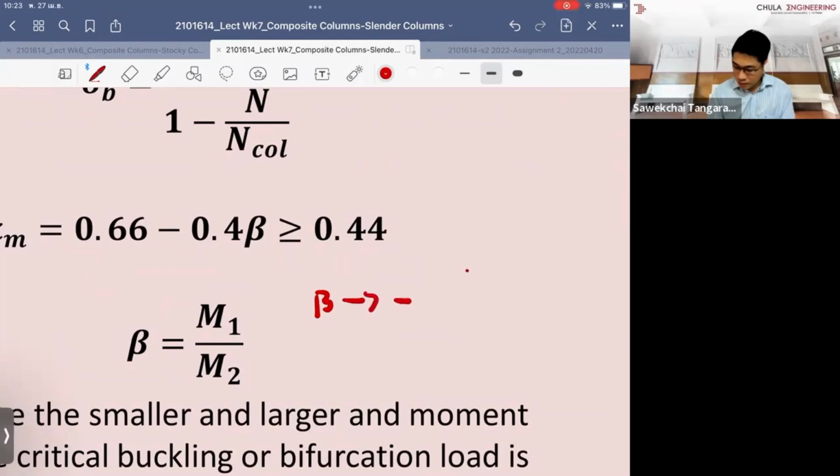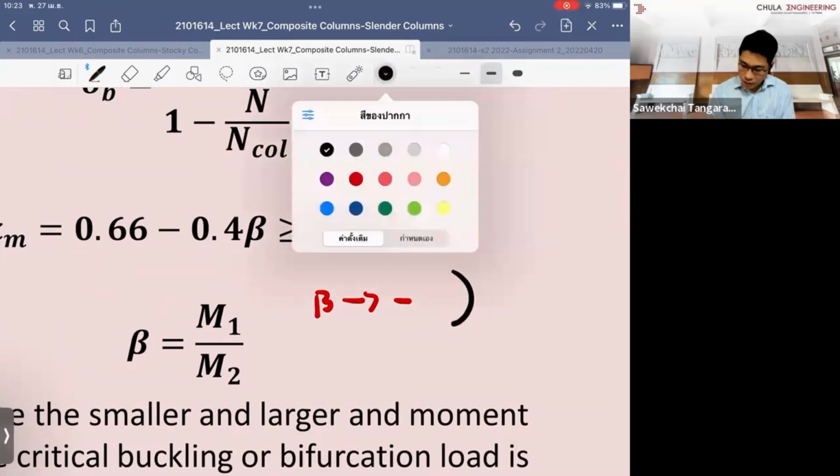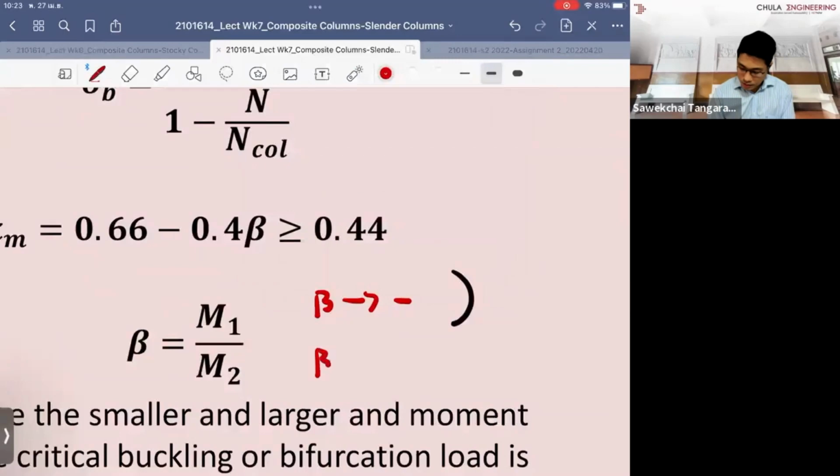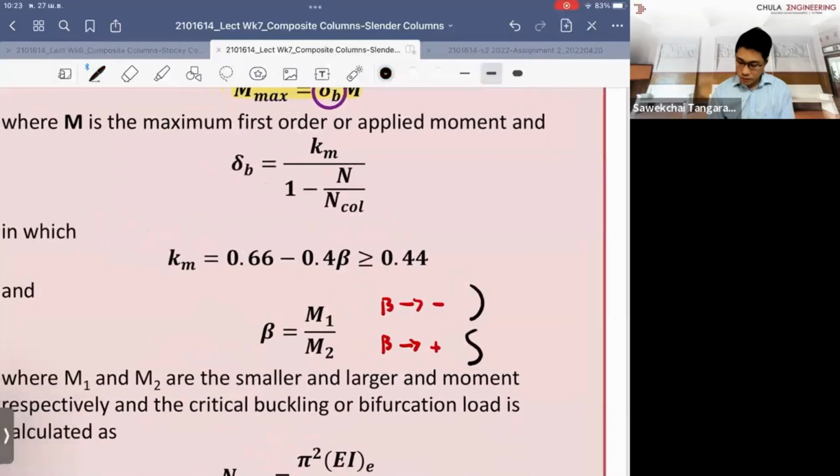If you have single curvature columns, the sign of beta becomes negative, and the sign becomes positive if we have the shape of the column to become double curvature, right? Always.